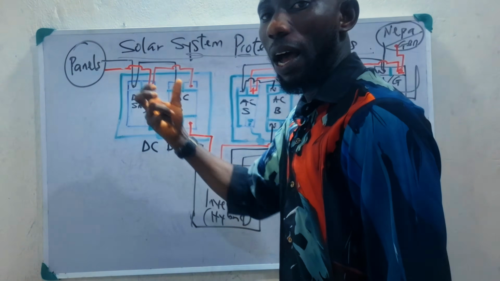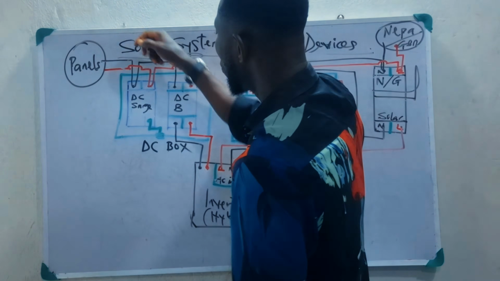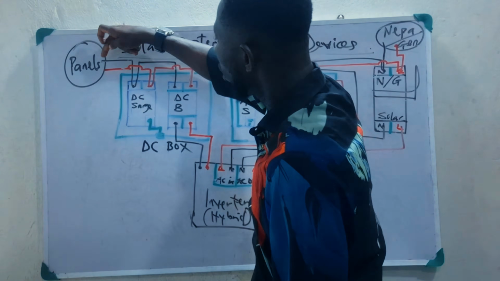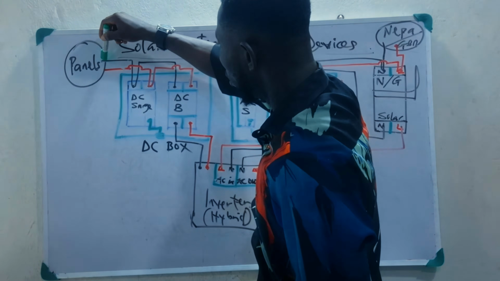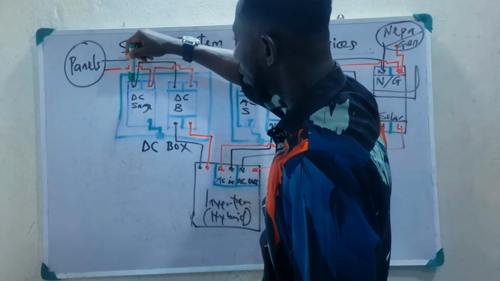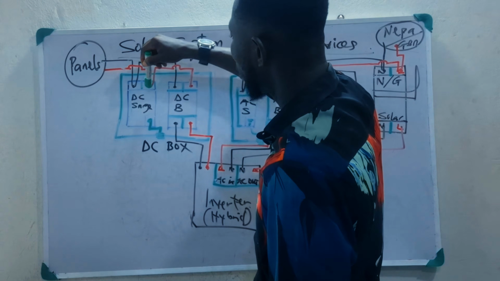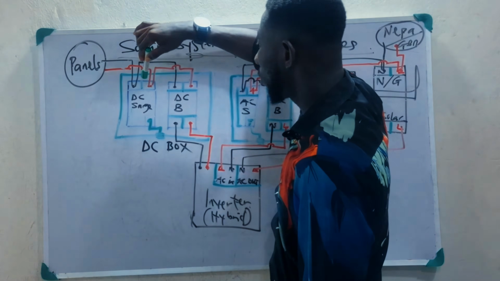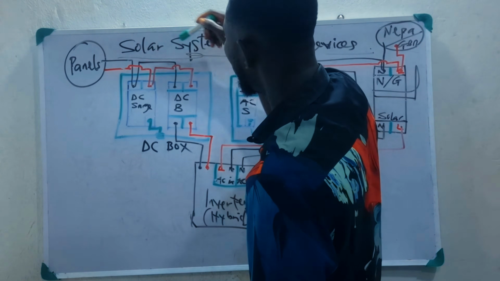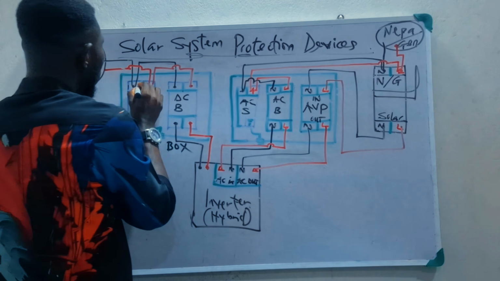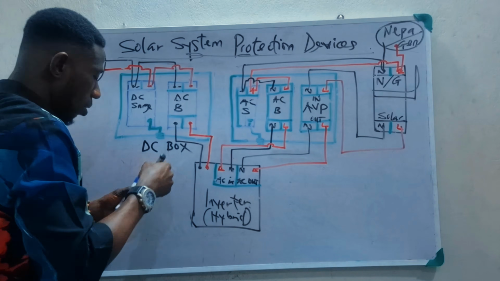So our output connection of the panel is being fed into the DC surge. This is a surge breaker. The panel cable enters the surge negative part, then the positive part enters the positive part. Then we loop it, we take a cable, we loop it from negative to negative, right? This is the negative, this is the negative, right?